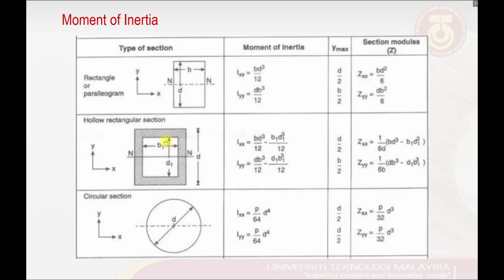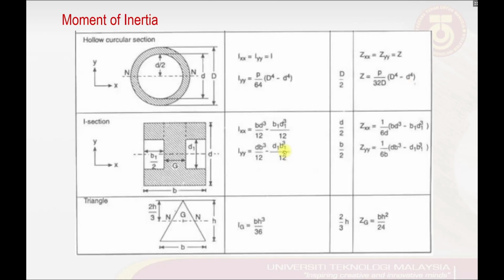Similar to the hollow rectangular section, we have to consider the hollow part in the equation as well. And this is the common I-section's moment of inertia, where this equation can be used to calculate the moment of inertia of the I-sections both in x and y directions.